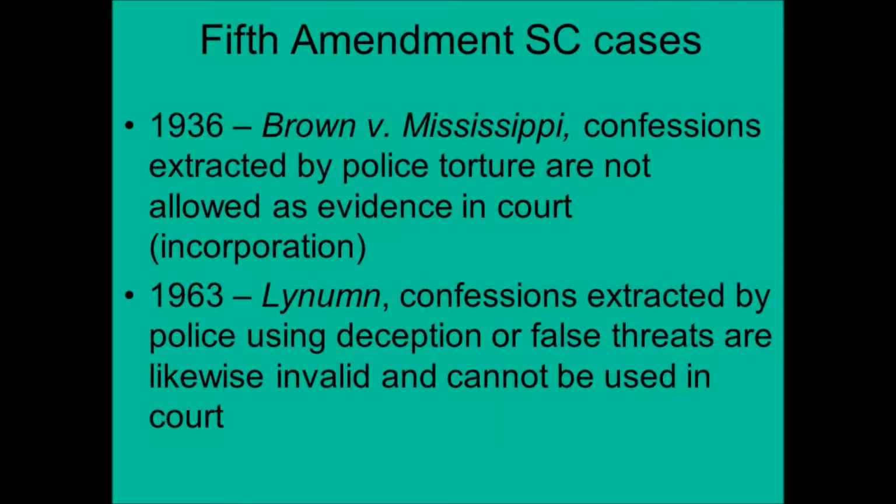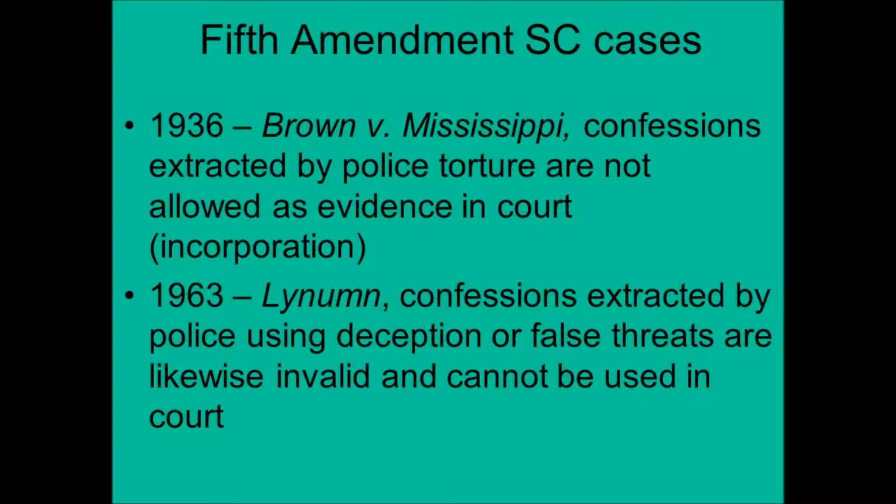Now, there have been lots of cases over the years about various clauses in the Fifth Amendment. The two of them here are specifically about the Self-Incrimination Clause, one from 1936, a particularly brutal case that came out of Mississippi, where the police just brutally tortured suspects into confessing in extreme detail to murder.